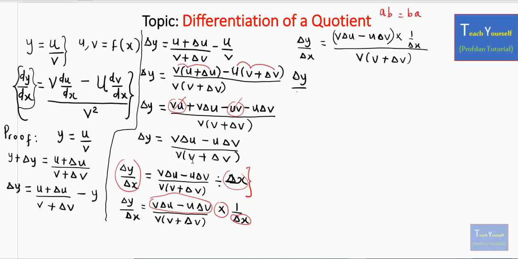And this can become change in y over change in x equals v change in u over change in x, minus u change in v over change in x, as this change in x affects all the terms here. So all divided by v into v plus change in v. So at this stage, what are we going to do?